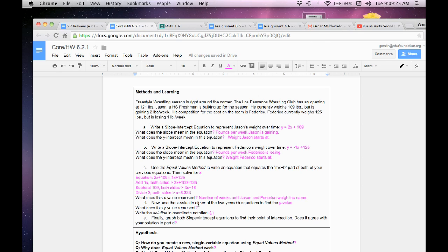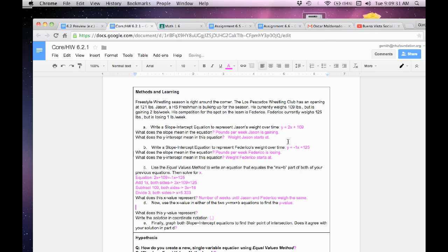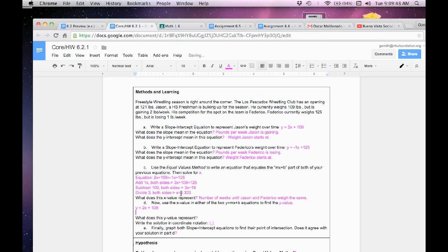Now use the x value in either of the two y equals mx plus b equations to find the y value. So we'll just take Jason's, y equals 2x plus 109. I'll take that equation and rewrite it with 5.333 instead of x.